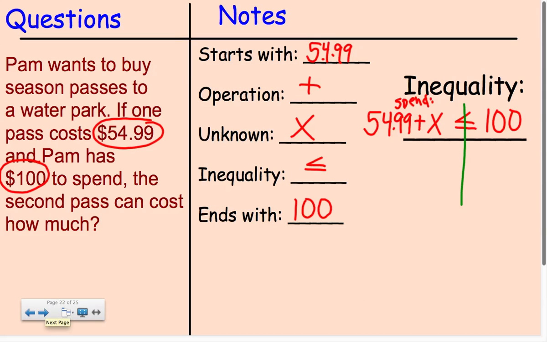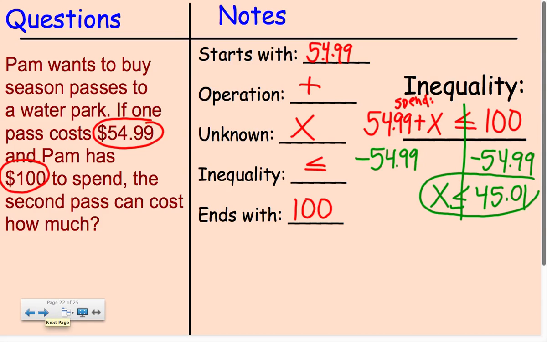So now if I solve this and I subtract $54.99 on both sides, I end up with x is less than or equal to 100 minus $54.99, so $45.01. So Pam can spend $45.01 or less and still be able to buy both passes. If the pass is more than $45.01, she can't buy it.